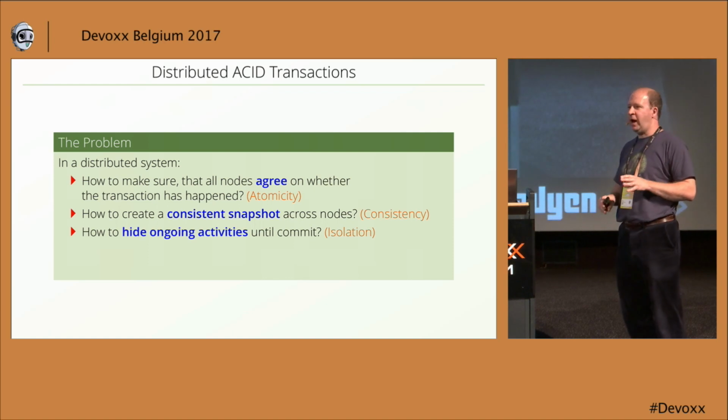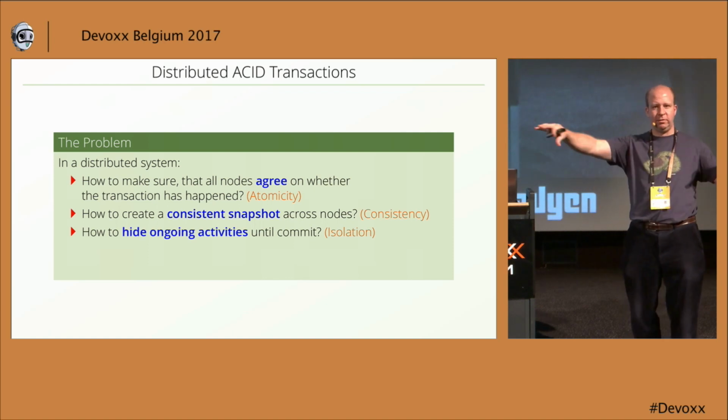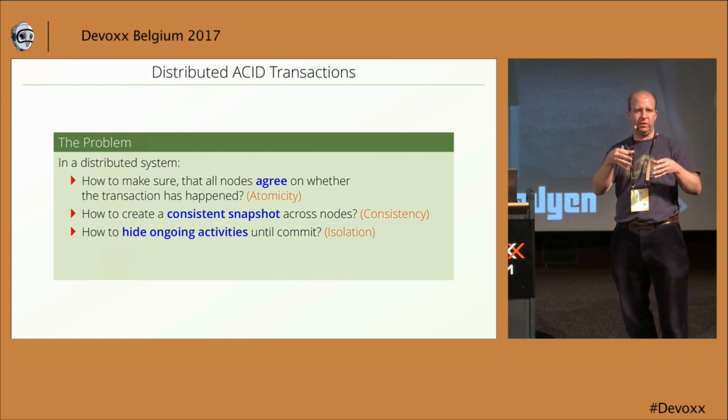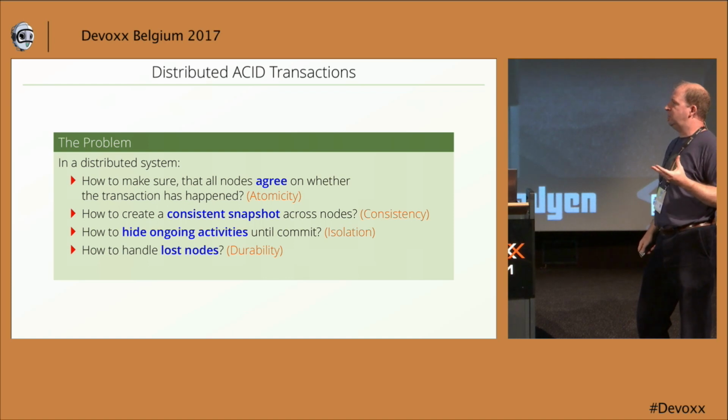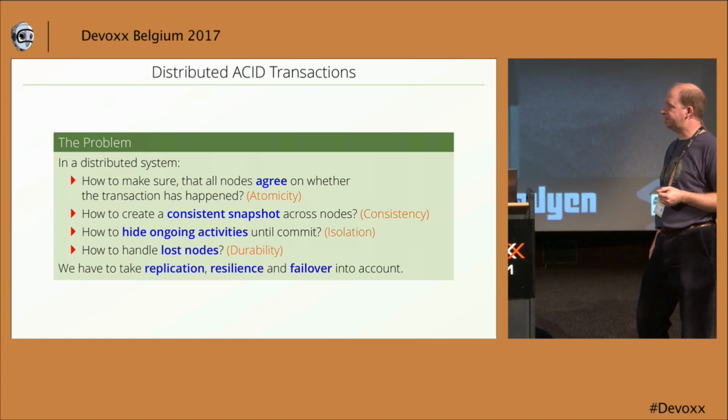Therefore, you have to hide the ongoing activities all over the place from the eyes of other transactions which are looking. And you have to handle durability in the presence of lost nodes, lost disks, and the like.